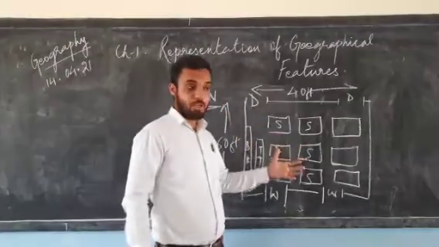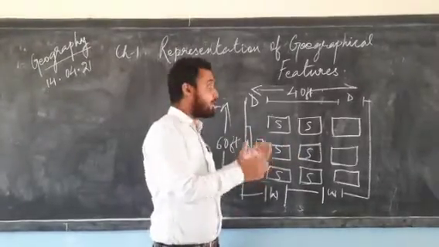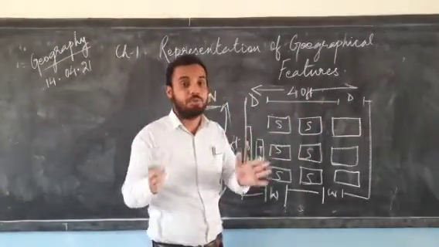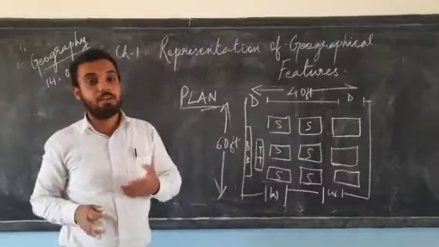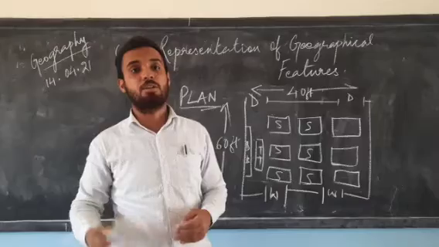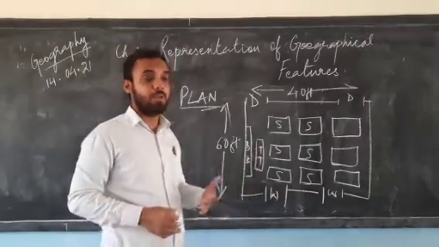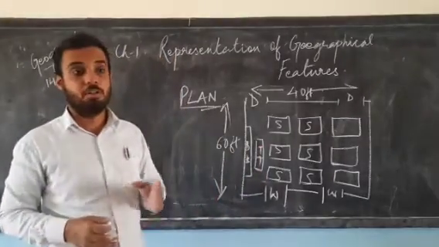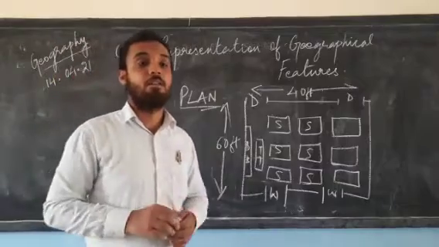Now we have to see what should be the measurement, what should be the space provided for the door, for the window. Every measurement should be taken before constructing the room, or before constructing the building, before constructing an apartment. This is called a plan.